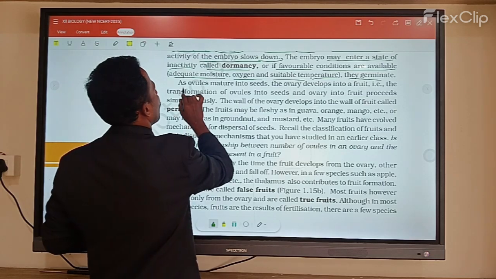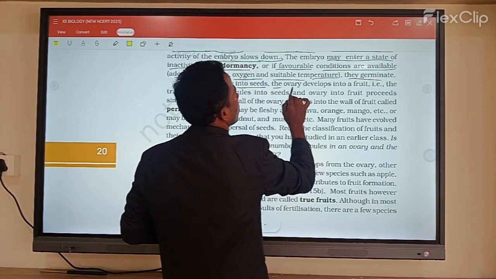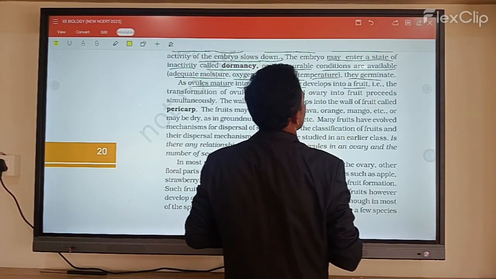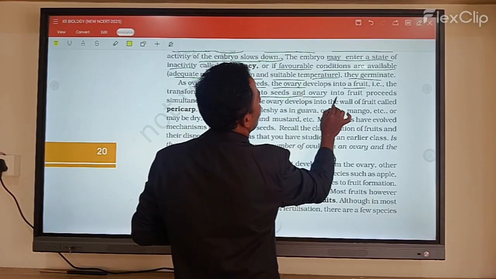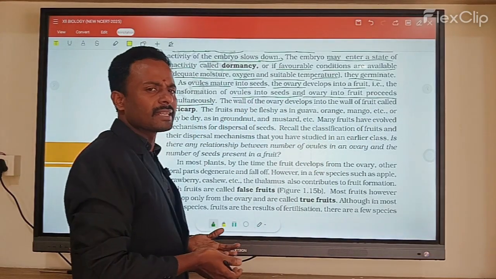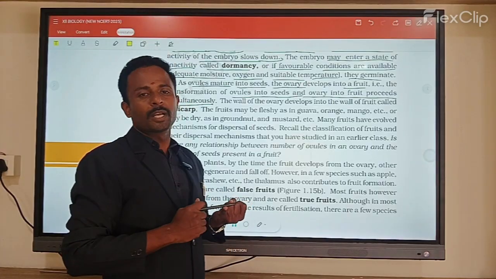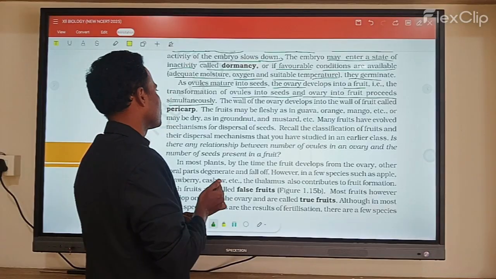Okay. Next, as ovules mature into seeds, the ovary develops into a fruit. The transformation of ovules into seeds and the ovary into a fruit proceeds simultaneously. So here we already discussed that ovaries become fruit and ovules become seeds. Okay.